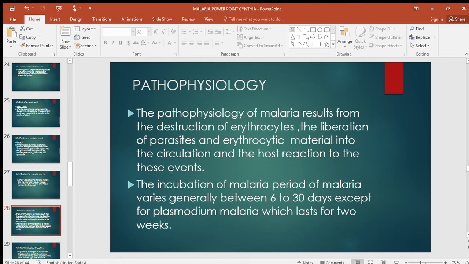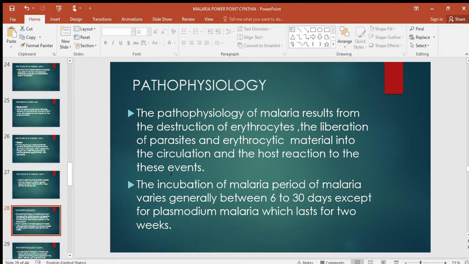So let's now move on to look at the pathophysiology of malaria. The pathophysiology of malaria results from the destruction of erythrocytes, the rupture of parasites, and the release of erythrocytic material into the circulation, and the host's reaction to these events. This simply means that the pathophysiology of malaria comes about because of the destruction of the red blood cells.